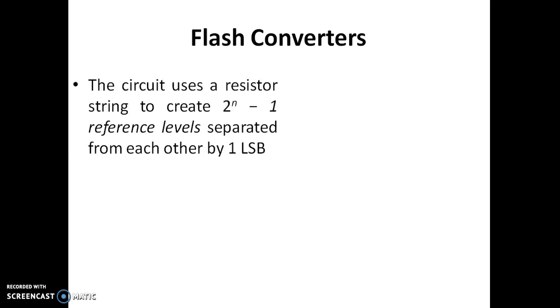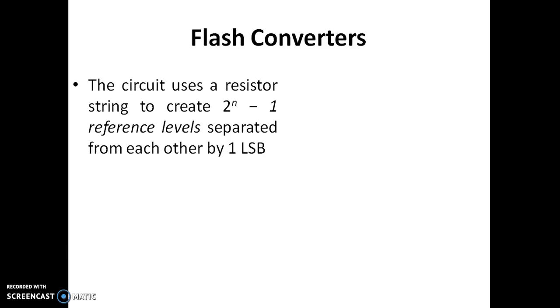So let us see what these flash converters are. As the name itself indicates, flash. So let us see how flashy the conversion is. The circuit uses a resistor string to create 2 power n minus 1 reference levels separated from each other by 1 LSB.